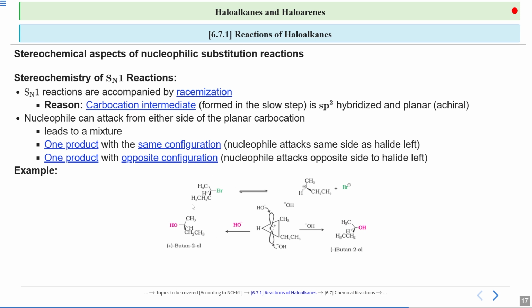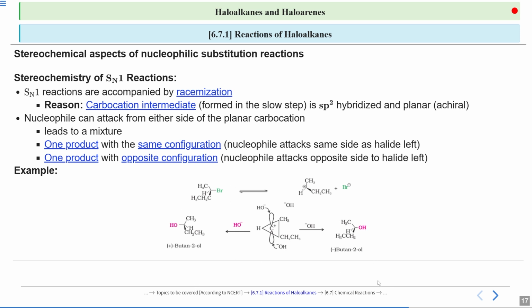So one product we are getting is of opposite configuration. The other product we are getting is of the same configuration as the reactant. Why? Because in this case, the nucleophile has attacked the same side from where the halogen is leaving. So you will get a product where the configuration is the same as the reactant.